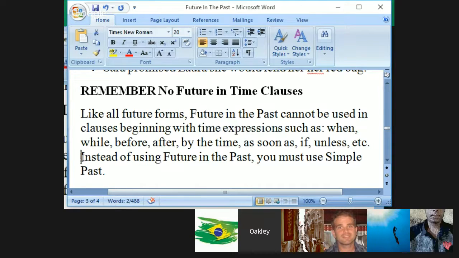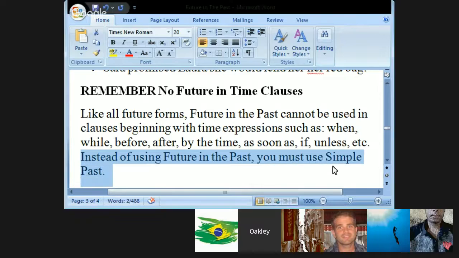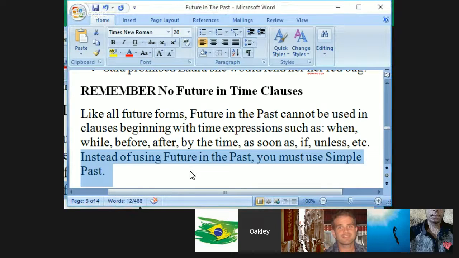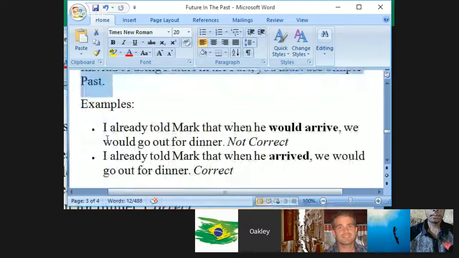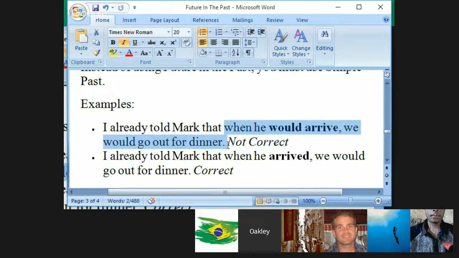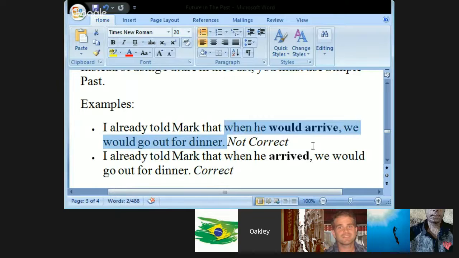So, instead of using future in the past, you revert to the next more simple thing, which would be the simple past. As an example, not correct: I already told Mark that when he would arrive, we would go out for dinner. You can't do this. You just can't.